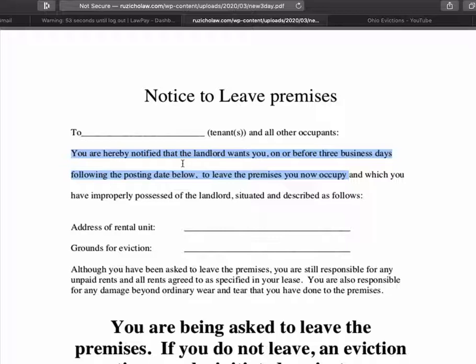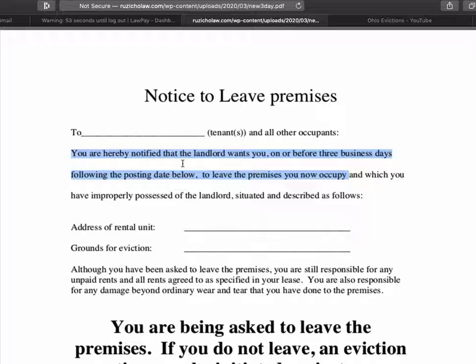It's important to understand that you cannot file your eviction complaint until the 3-day notice has expired. So to get the clock ticking, you need to post the notice. Because, I'll repeat, you cannot file the eviction complaint with the court until the 3-day notice has completely expired.